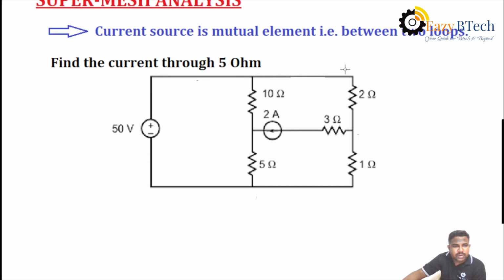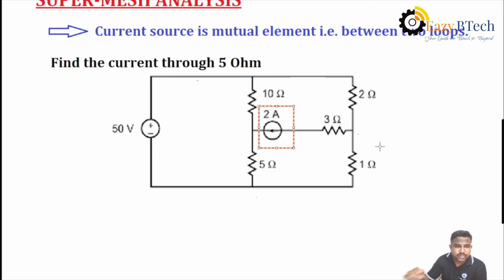Whenever a current source, here this is the current source of 2 amperes, by taking one example here, whenever a current source belongs to two loops, then that is called super mesh analysis. You can apply the method of super mesh analysis when the current source is a mutual element. That is, the current source belongs to two loops.